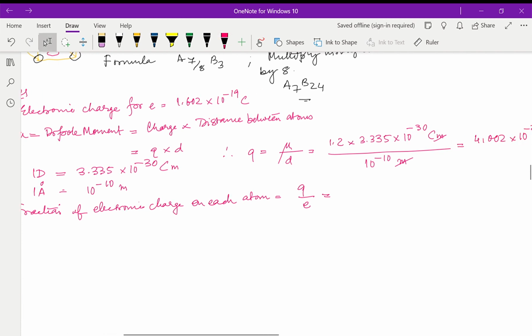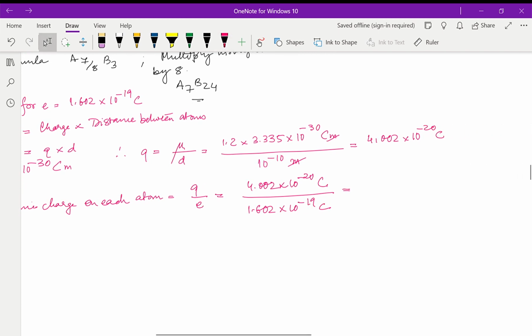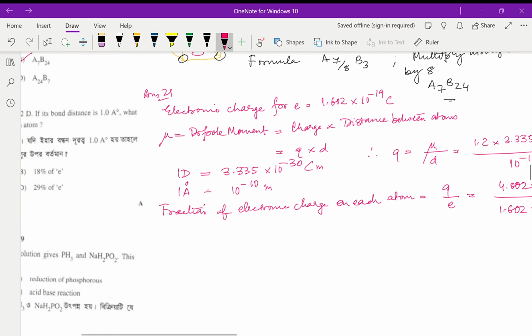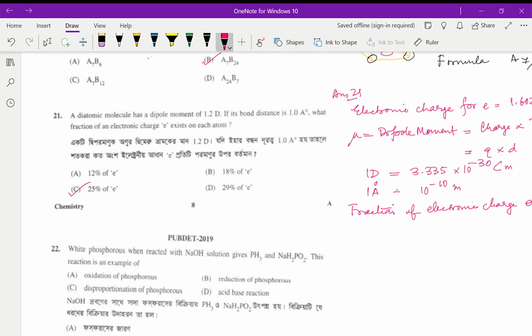That will come out to be 4.002 into 10 to the power minus 20 coulomb divided by 1.602 into 10 to the power minus 19 coulomb. If we do this, we get 0.2498, or we can round it off and say it is going to be 25%, and hence our answer over here is going to be C.